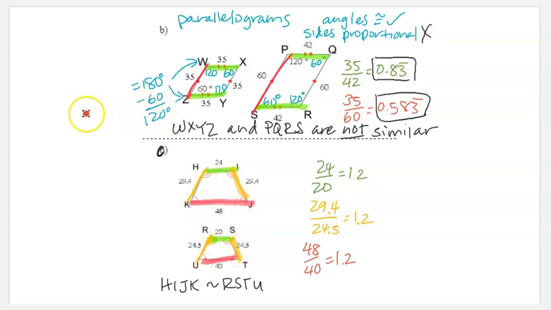So no solving needing to be done here. I also see when I set up the ratio of my sides that each of them do come out to 1.2, which means that the sides are proportional. Therefore, figure HIJK is similar to RSTU.